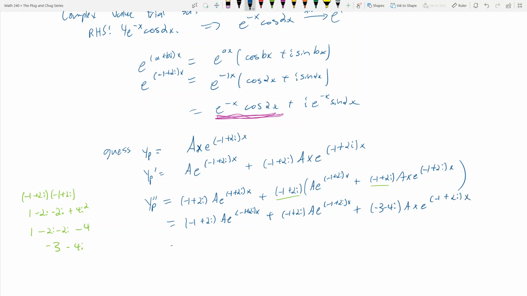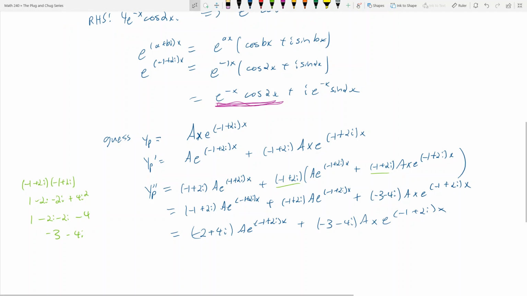Now simplifying and gathering like terms, we got (-2 + 4i) a e to the (-1 + 2i)x plus (-3 - 4i) a x e to the (-1 + 2i)x. Okay, so that's what we have over there.